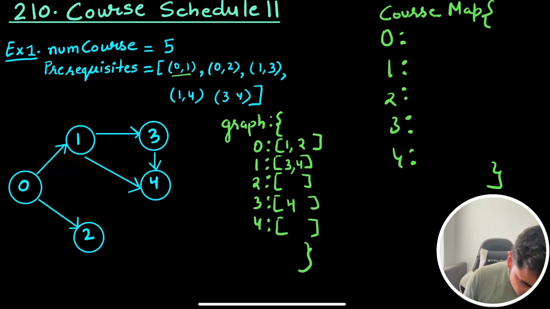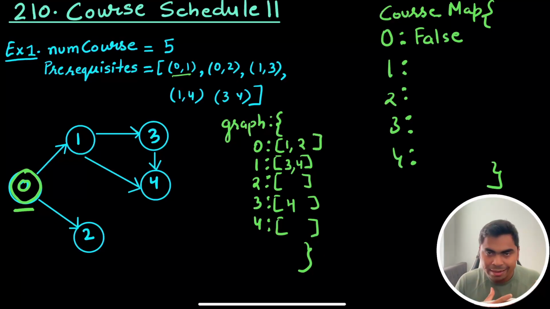So I'll start at 0. Let's say I'm visiting course 0. While I'm visiting it in my course map, I'll mark this as false, and the reason is that I currently do not know if I'll be able to finish course 0. So I'll temporarily mark this course as false, meaning I cannot fully visit it.